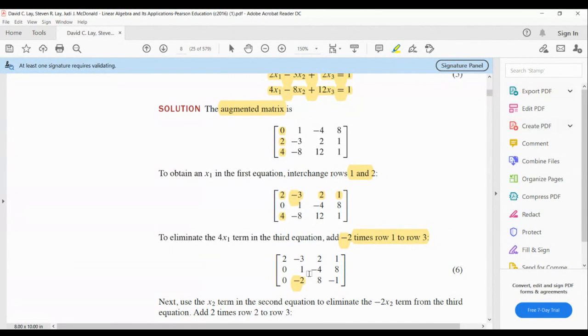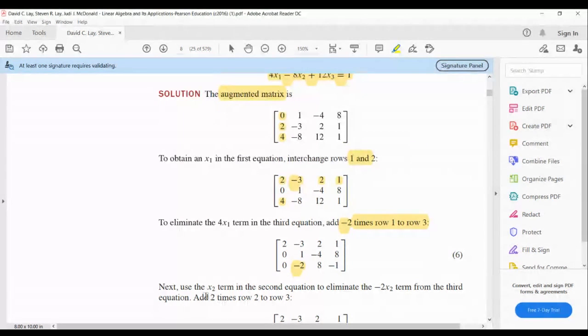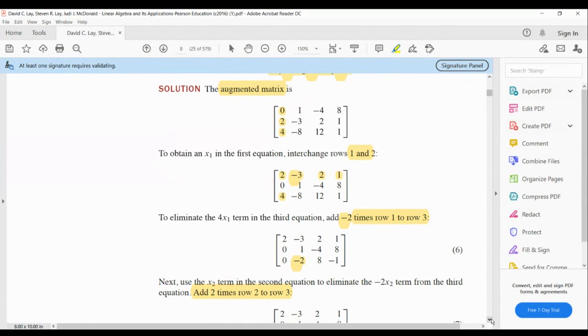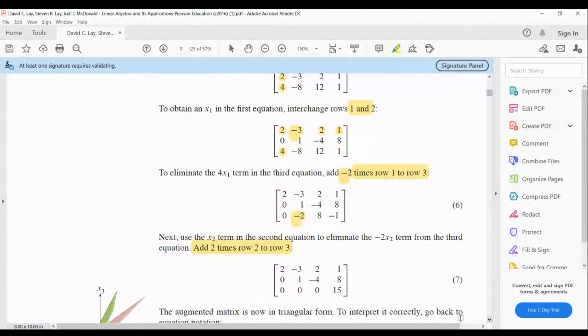So I'm going to use the one above it as a pivot, and I'm going to take 2 times the second row and add it to the third row. By doing that, I wind up with this matrix here, where they have the 7.